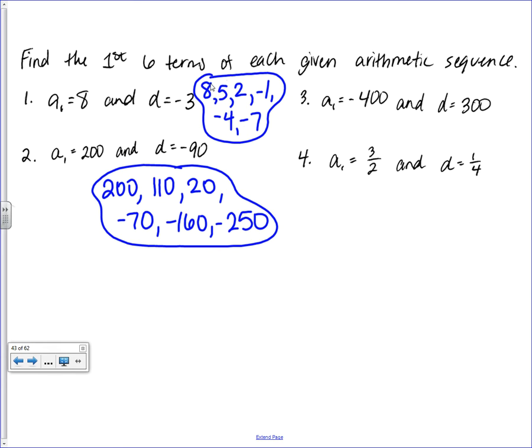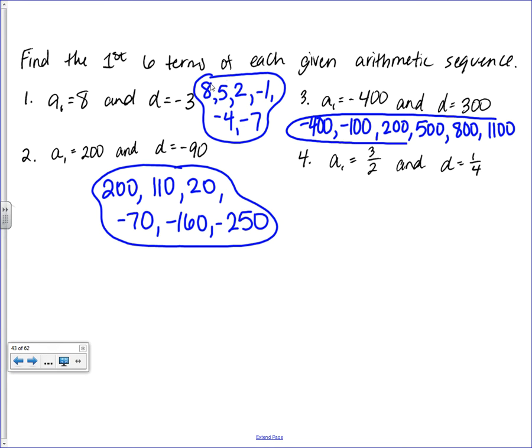Number 3, this time I'm starting at -400, and it looks like I'm going up by 300 every time. So if I take these and go up by 300, how many is that? There's 4 terms, there's 5 terms, and there's the first 6 terms of that sequence. Now don't be scared by fractions, okay?